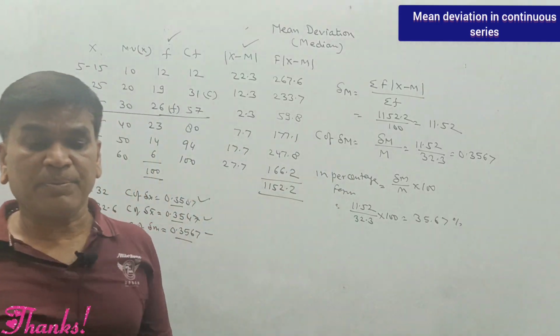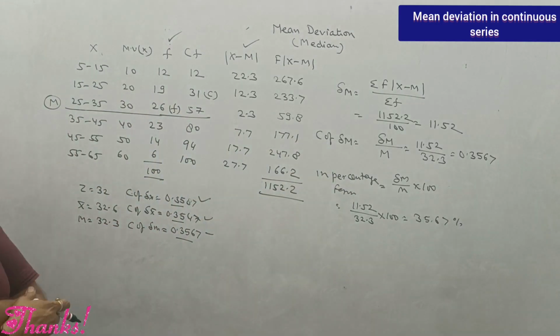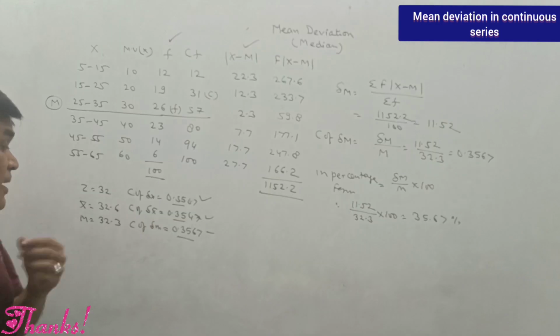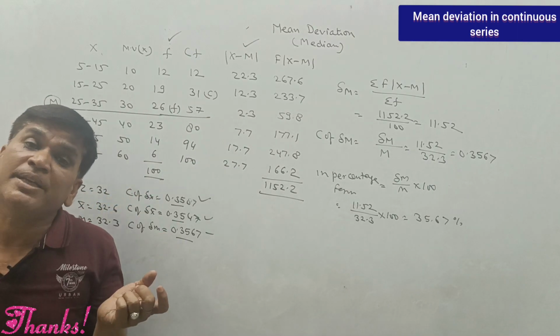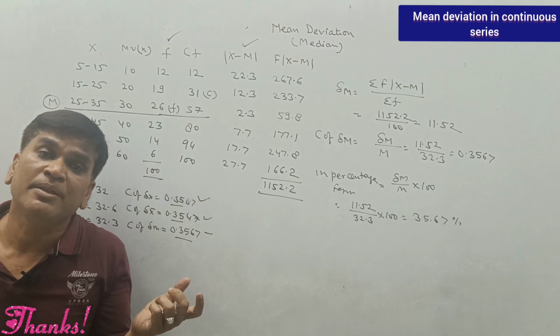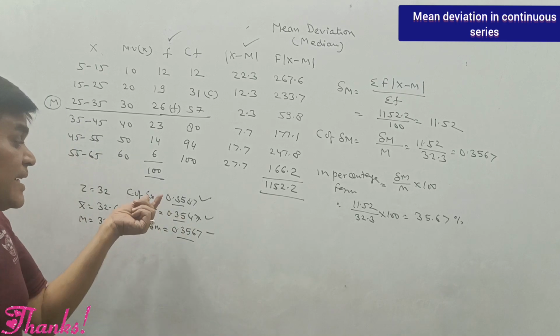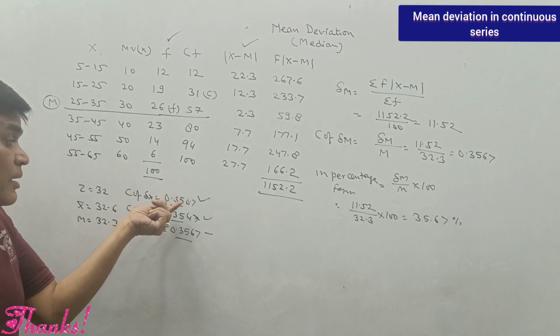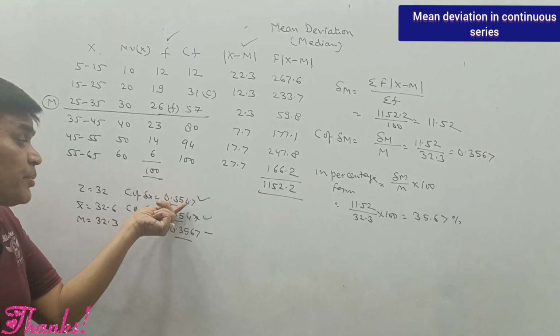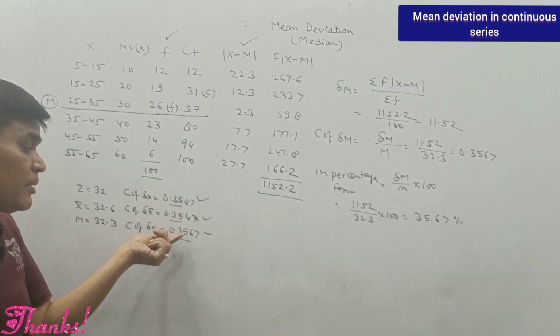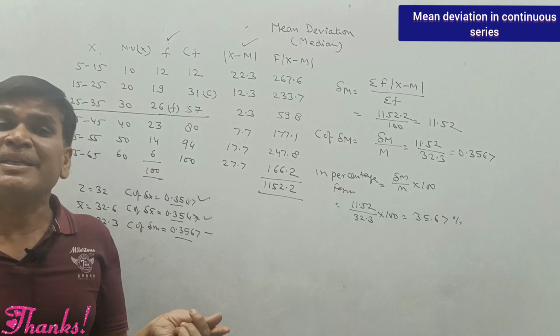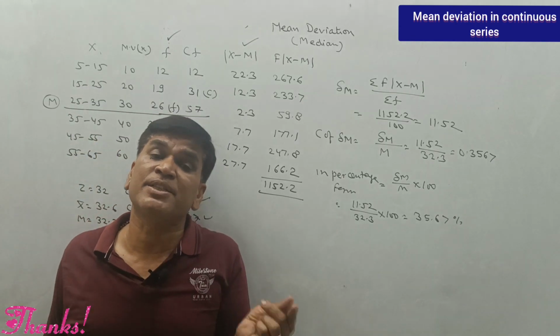So for the comparison, we have gone through this question. Whether we are taking mean deviation from arithmetic mean, from the median or mode, the result is the same, all contain 0.35, 0.35 and 0.35. So the relative measurement is equal.